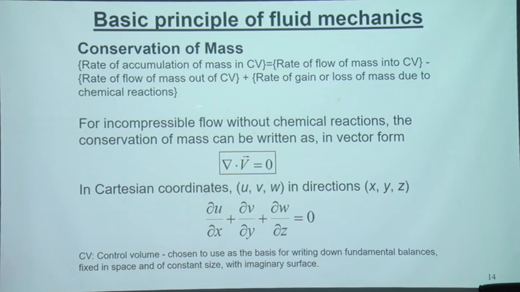The mass conservation basically describes that what comes into the control volume goes out of the control volume. For incompressible flow without chemical reactions, this can be described mathematically using this equation: divergence of the velocity equals 0. If you express this in 3-dimensional Cartesian coordinates, it can be expressed like this.